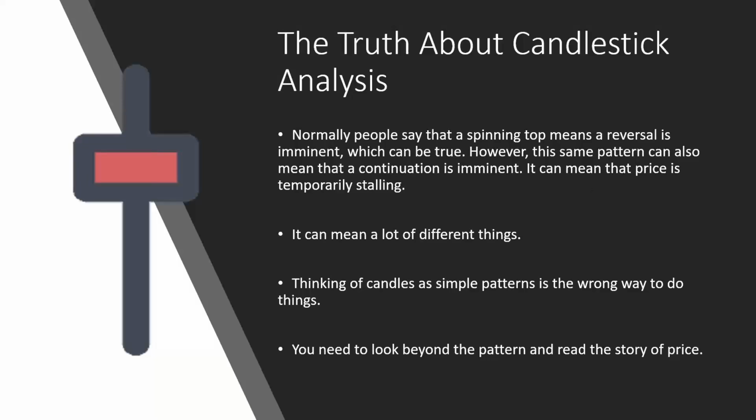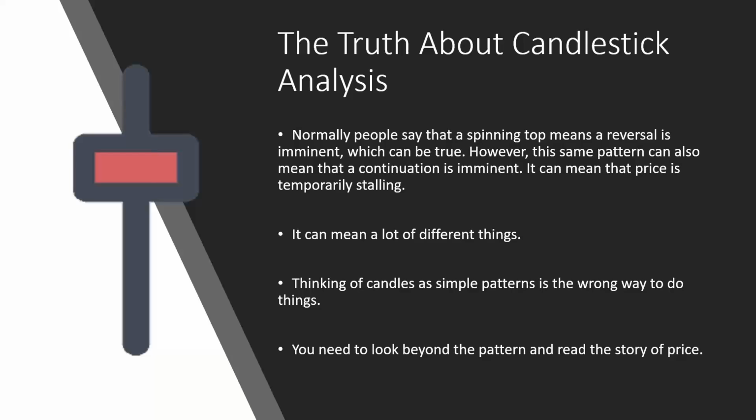So normally people say that things like a spinning top means a reversal is imminent, which can be true. The definition of a spinning top, when you see one, is you're looking at a reversal pattern. However, the same pattern can also mean that a continuation is imminent. It can mean that price is temporarily stalling.